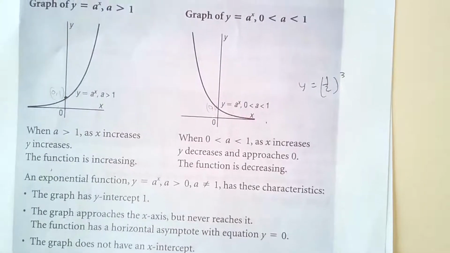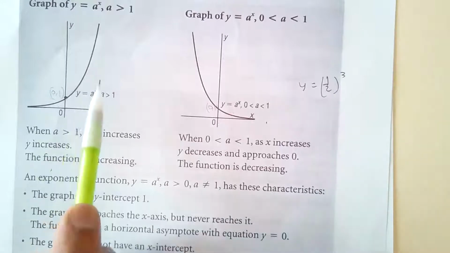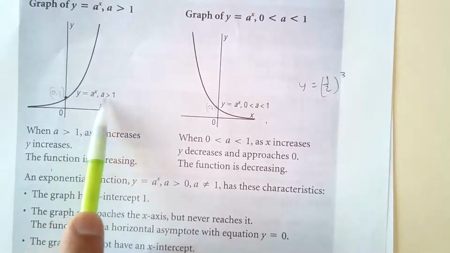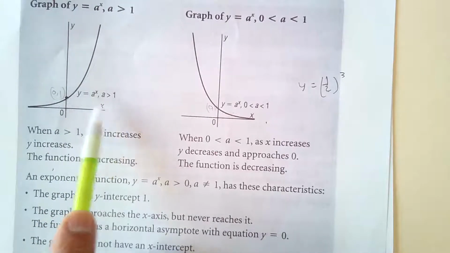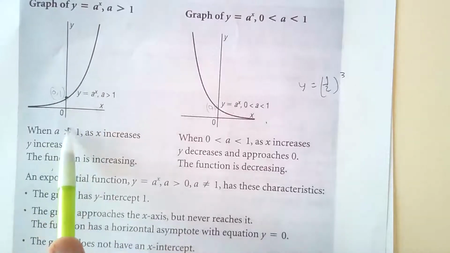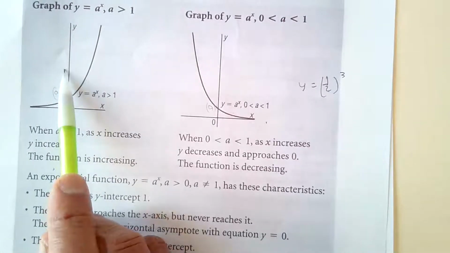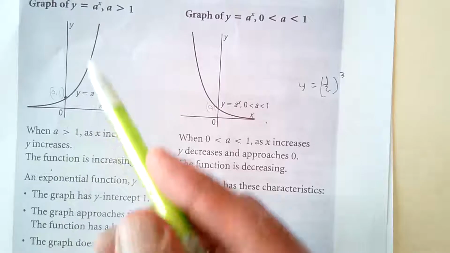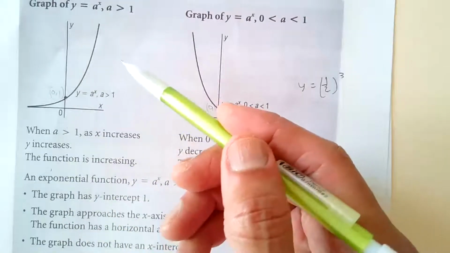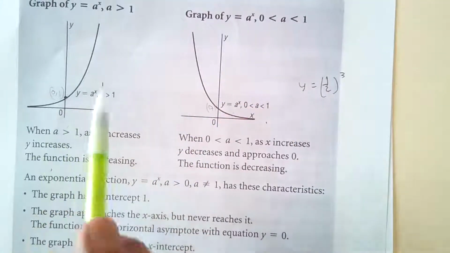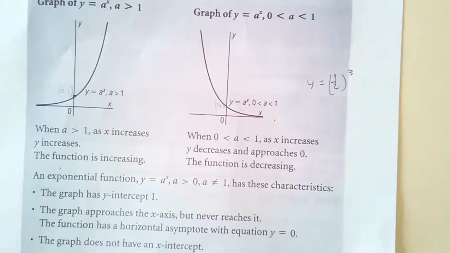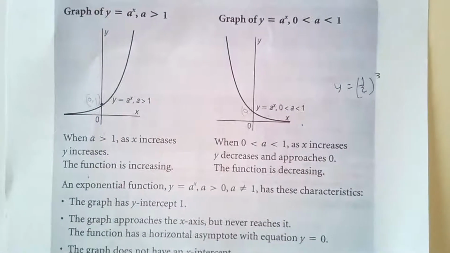Now, these graphs could be transformed. If you have a transformation of the graph, it could shift to the right, shift to the left, shift down or shift up. It also could be compressed or stretched, horizontally as well as vertically. In the previous example, we looked at graphs where we sketched them.